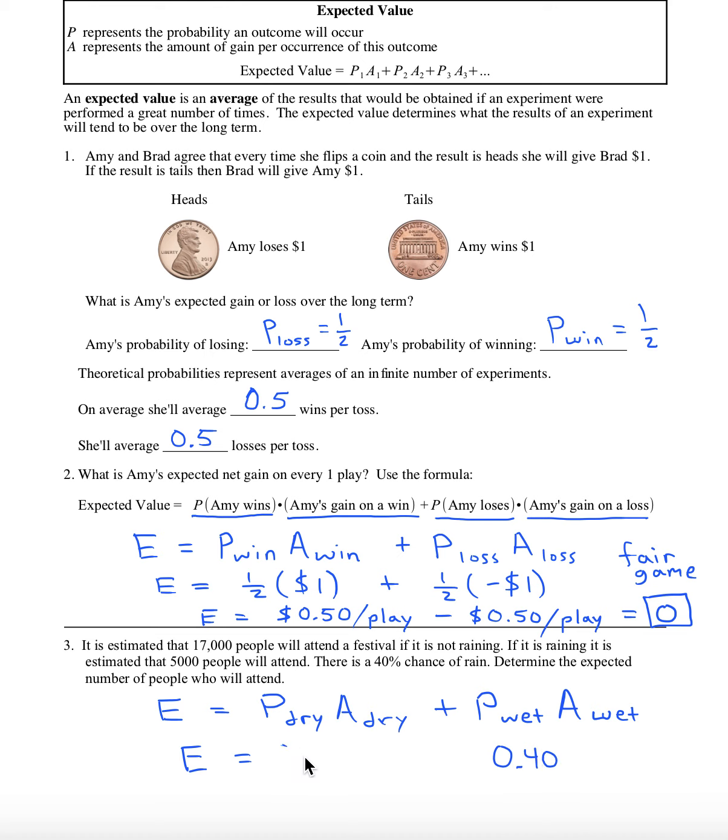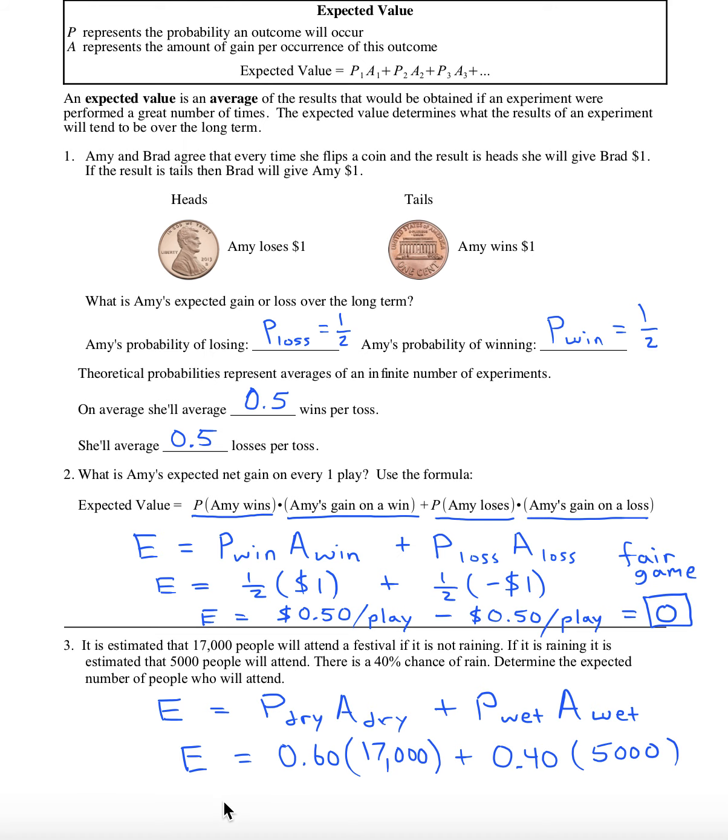And that means it's going to be a 60% chance of it being dry. But we got to multiply by the numbers of people that will show up in those different circumstances. So it said that 17,000 people will show up if it's dry, and only 5,000 if it rains.